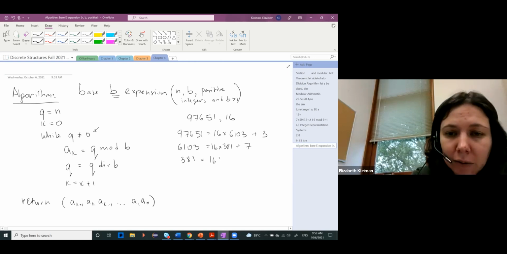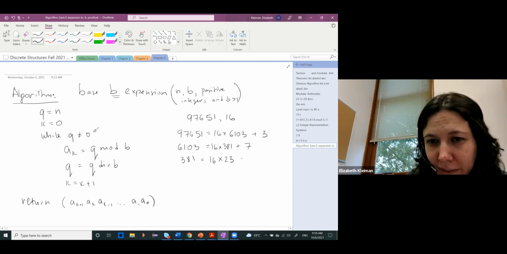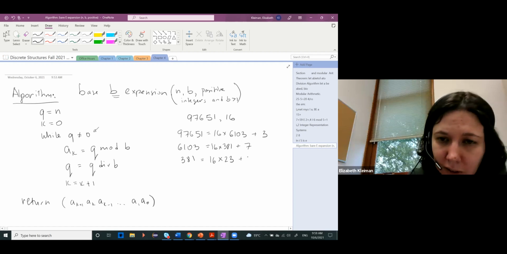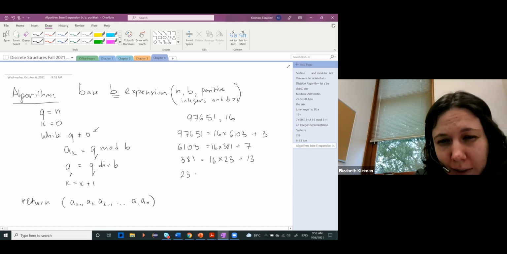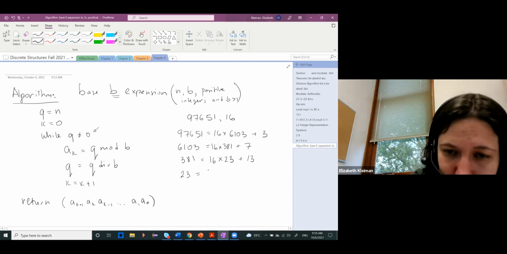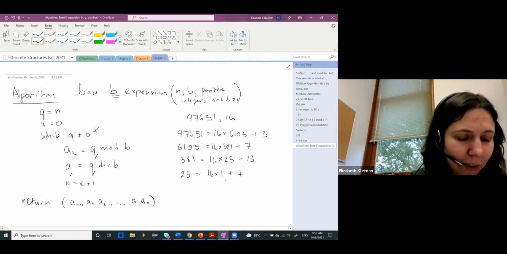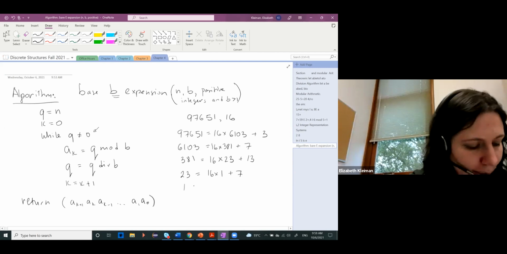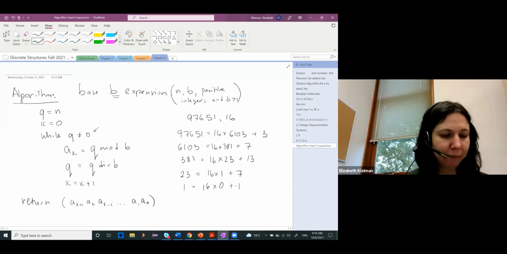So it's 16 multiply 23 plus 13. The next one is going to be 23 equal to 16 multiply 1 plus 7. And then we have 1 equal to 16 multiply 0 plus 1.